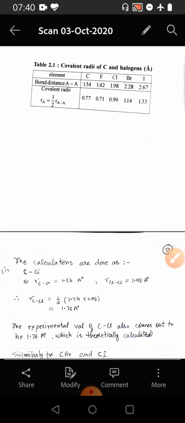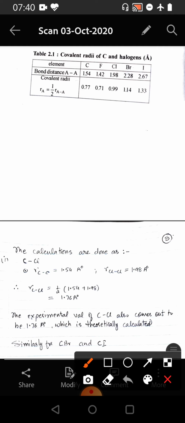So, using this table, we calculated the value for C-Cl. The covalent radius of carbon is 0.77 and of chlorine is 0.99, so RC-Cl comes to be half of the summation of 1.54 and 1.98, which comes to be 1.76.